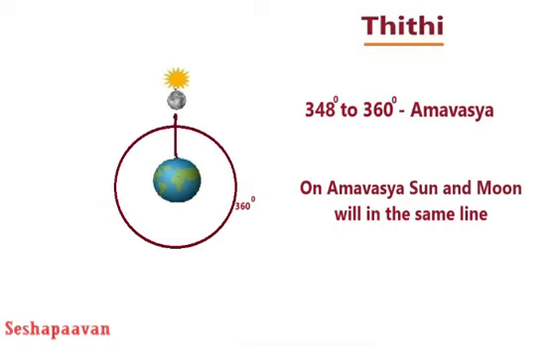On Amavasya, sun and moon will be in the same line. Amavasya means no moon day. We can't see the moon as the sun and moon come in the same line.